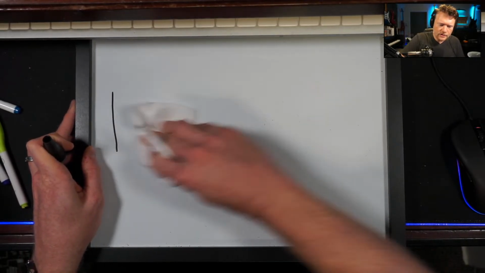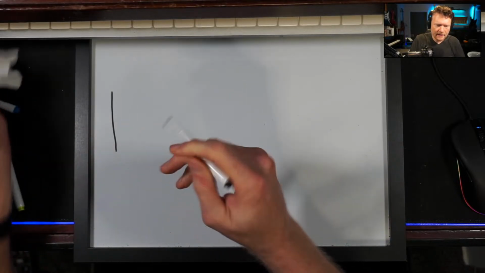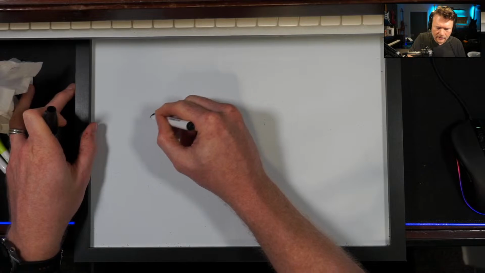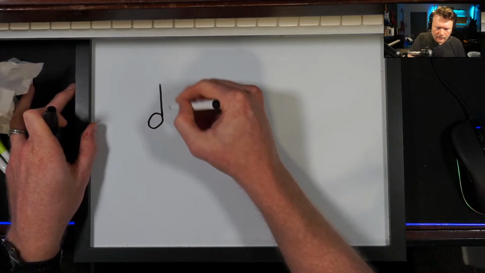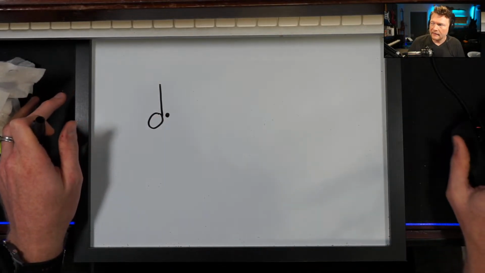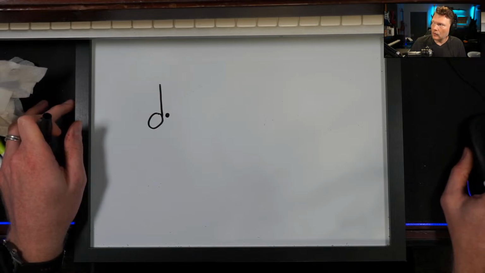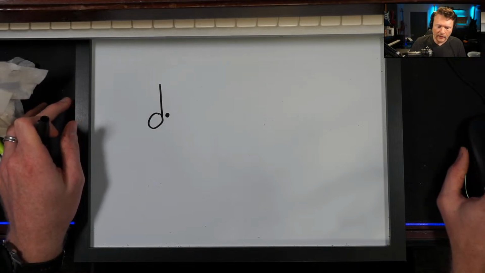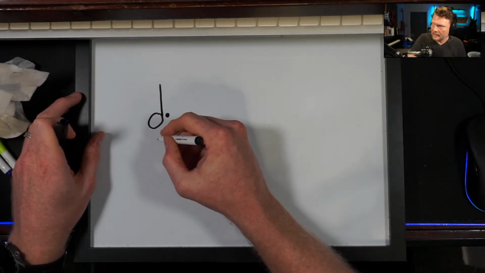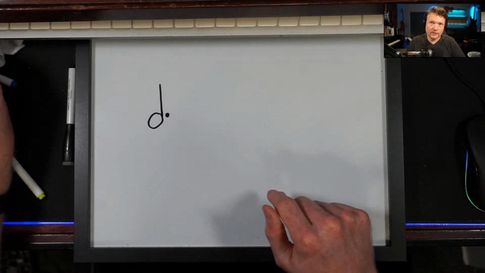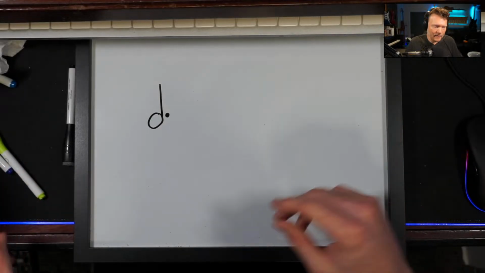What the confusion is, sometimes you'll see a note that looks like this. I'm going to draw out a half note with a dot next to it. That dot is giving a different duration for how long you're going to be holding that note out. The half note by itself is 2 beats, but then there's this dot next to it, which is saying we're going to add some time to this.